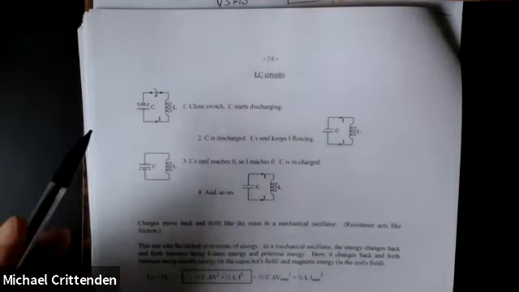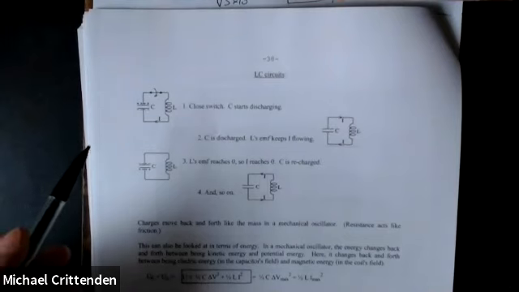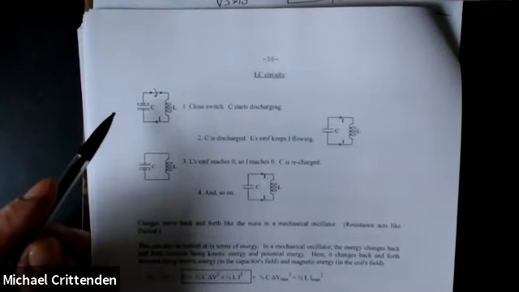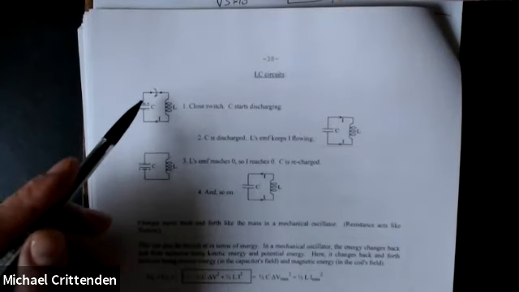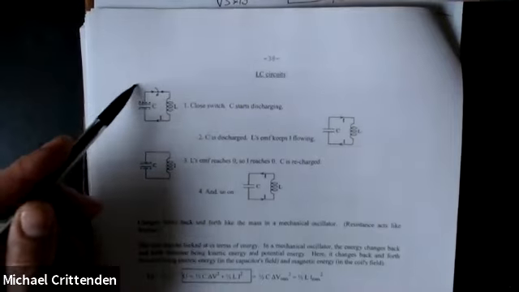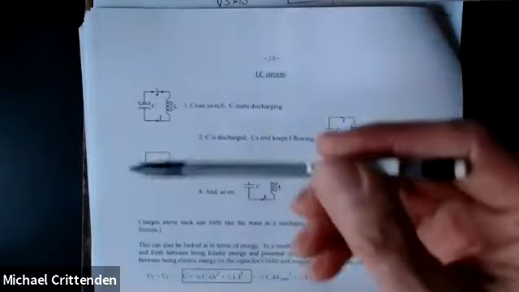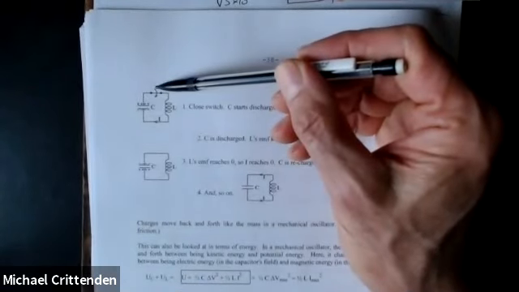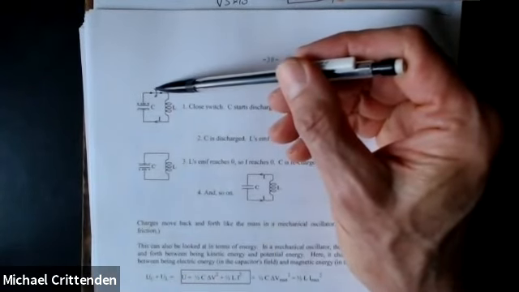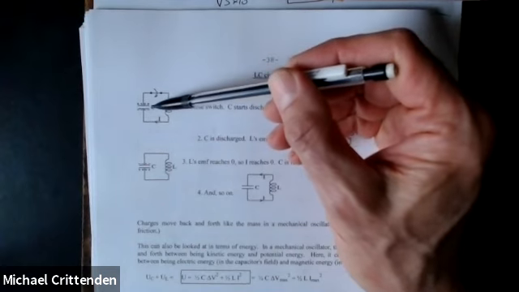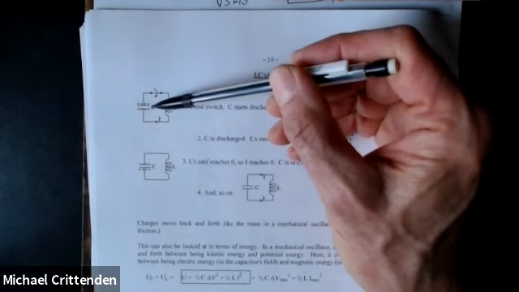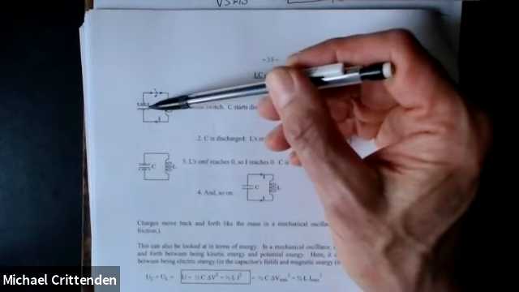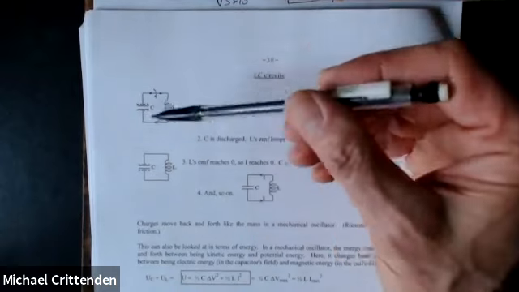Before we get into any formulas, before we get into the rigorous quantitative description, let's just give a conceptual version of what's going on. So let's say that before t equals 0, this switch here is open. And before t equals 0, while the switch was open, the capacitor got charged up. Somebody came along with a battery and some jumper cables and charged up the capacitor and then took the battery away.